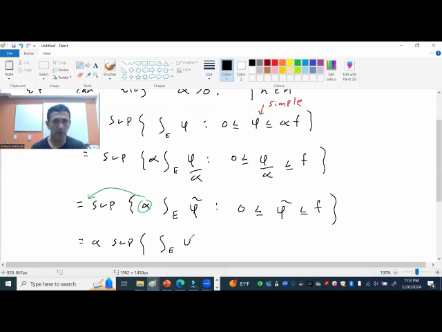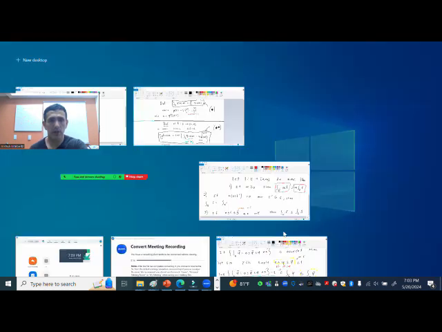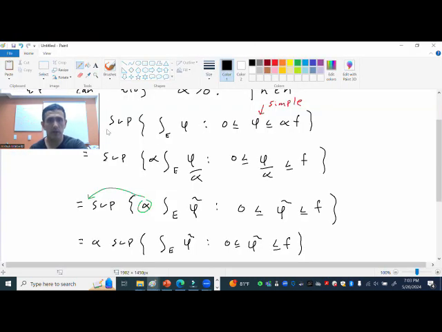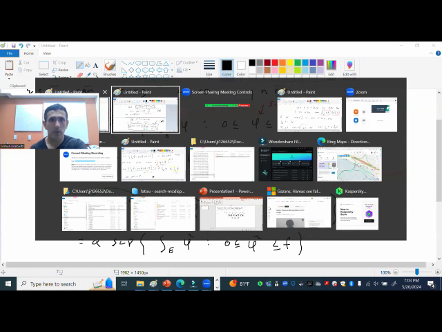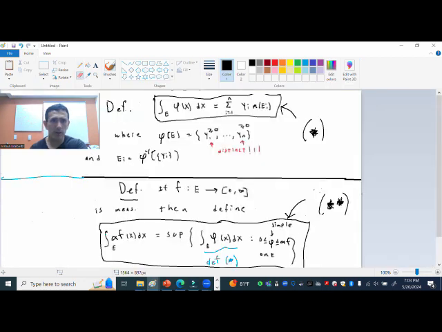Because this here is the integral, it's alpha times the integral of f by definition. Right, so without the alpha, this is the definition.